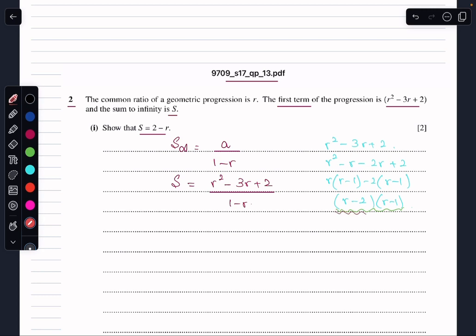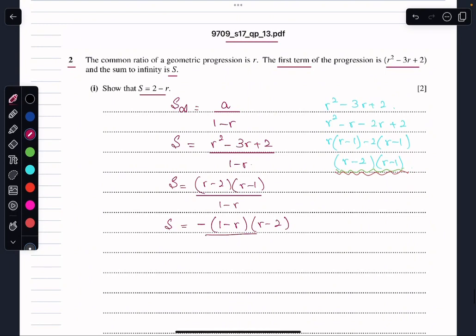So I can substitute this value for s, and I can say that it's r square minus 3r plus 2, which can be written as r minus 2 and r minus 1 divided by 1 minus r. Just by changing the sign of r minus 1 by taking negative common, I can say that this can be written as 1 minus r times r minus 2, which shall be divided by 1 minus r here.